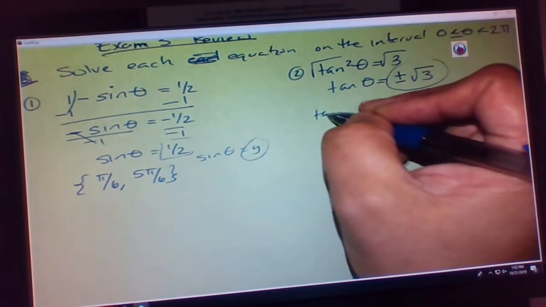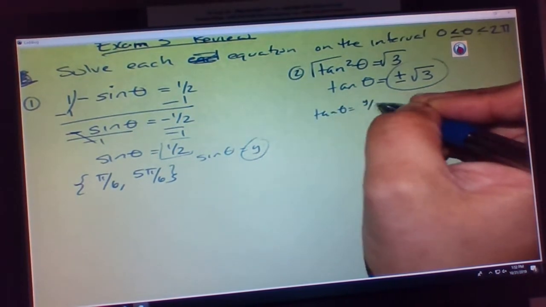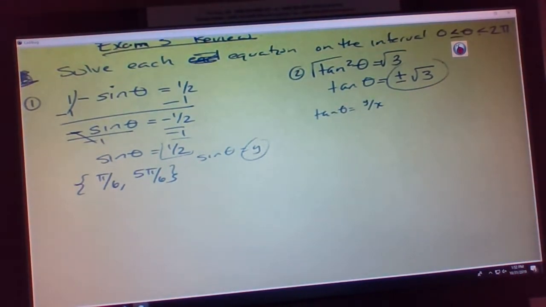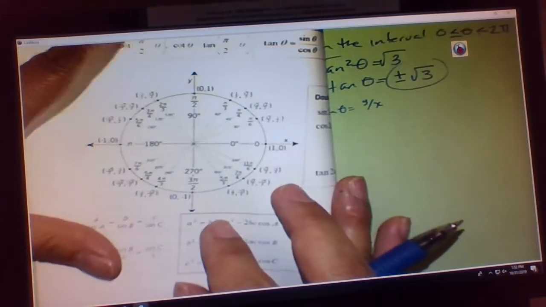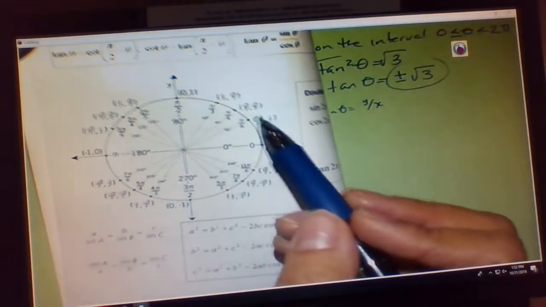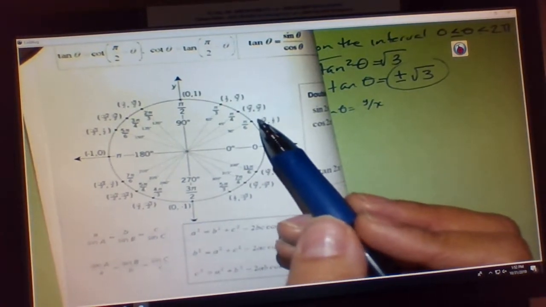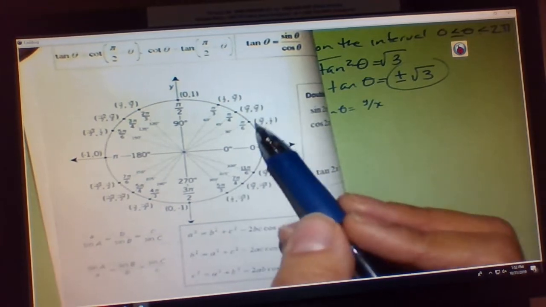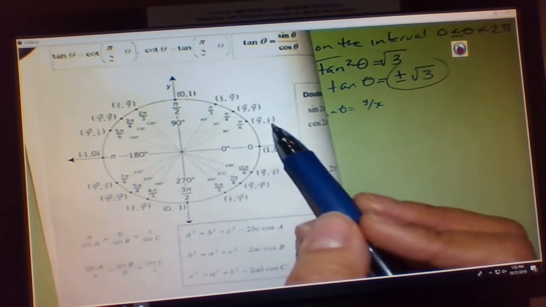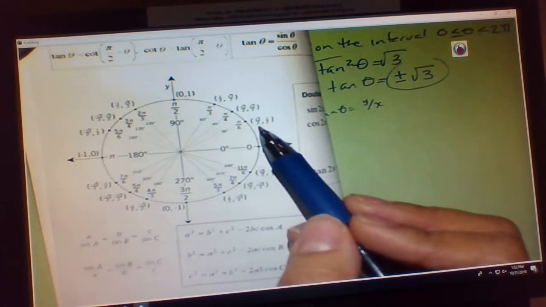Now, your tangent comes from doing y over x. So the only possibilities that I have here, and this is where you need to kind of analyze this. If I have the square root of 2 over square root of 2, that's not going to give me the square root of 3. This guy, if I have 1/2 on top over the square root of 3, that's not going to work.